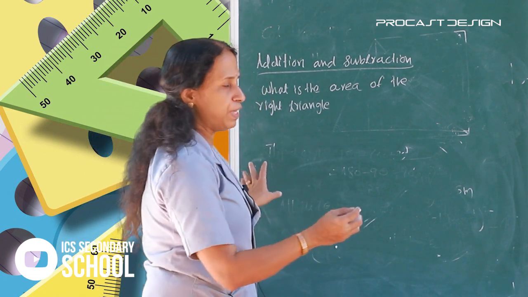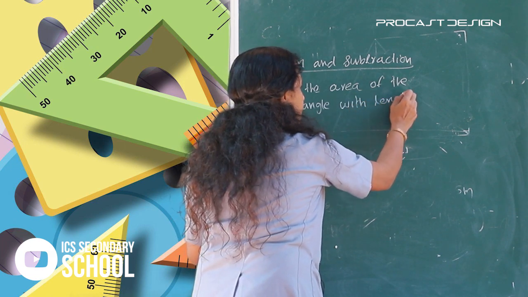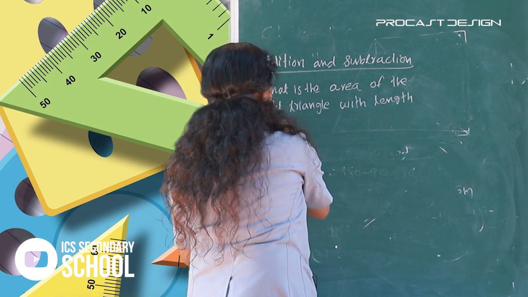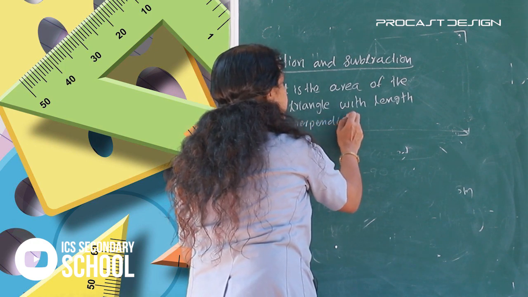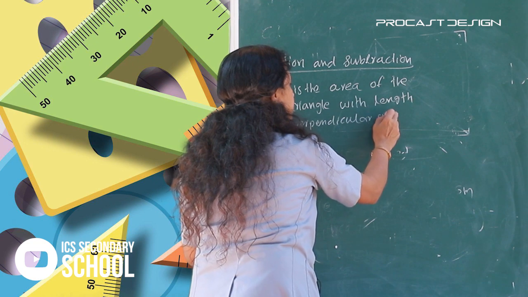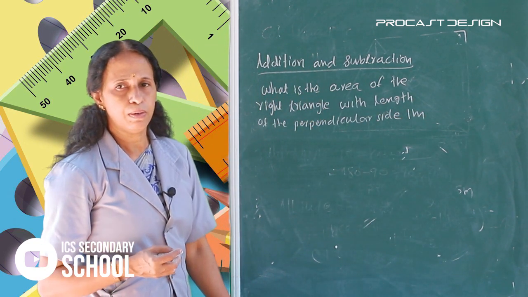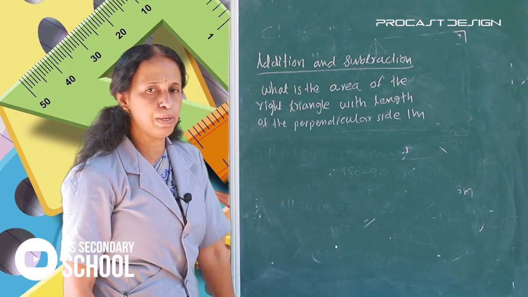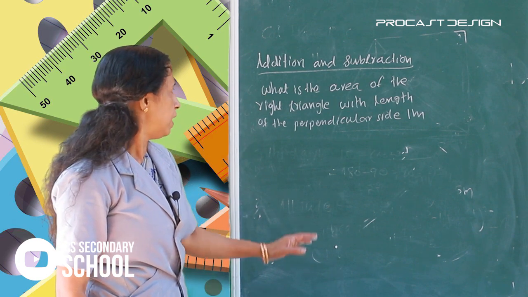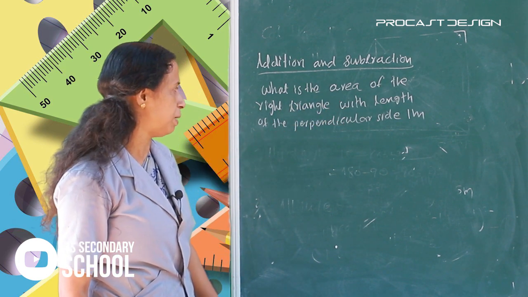What is the area of the right triangle with the length of the perpendicular side 1 meter?